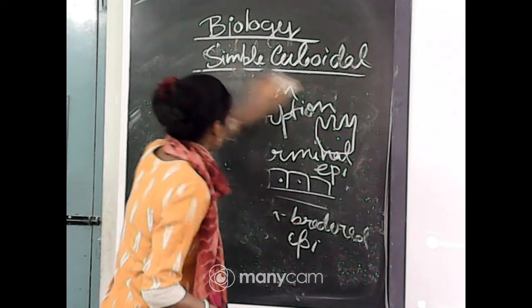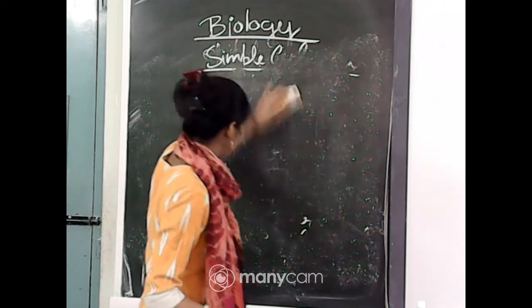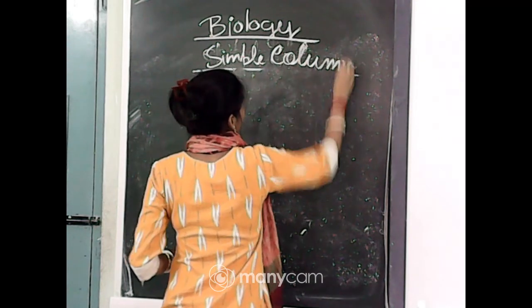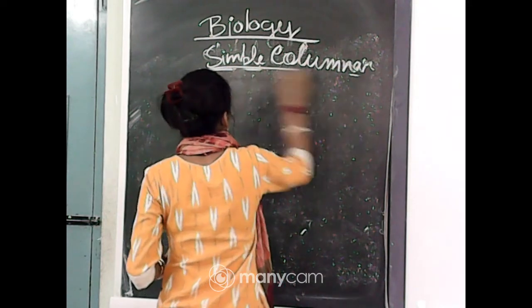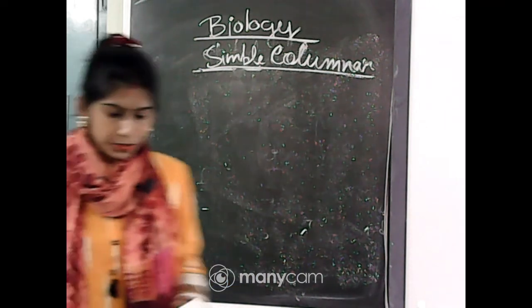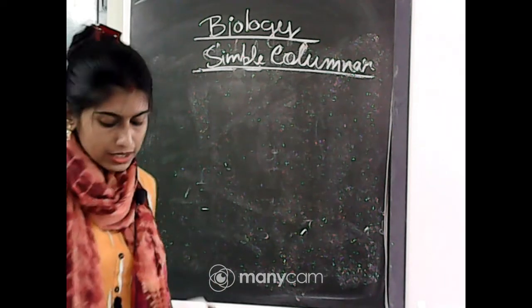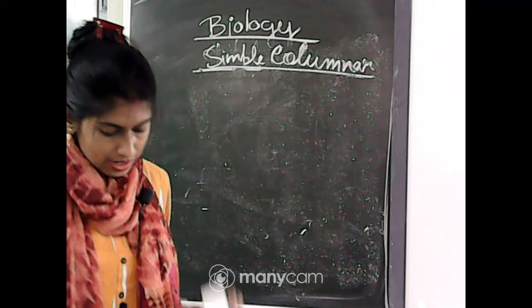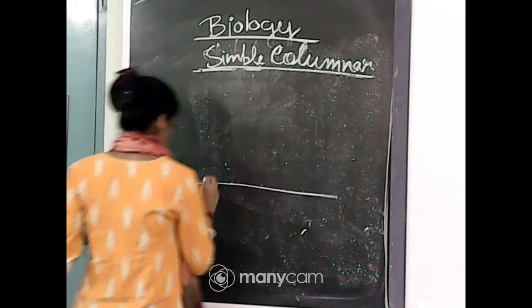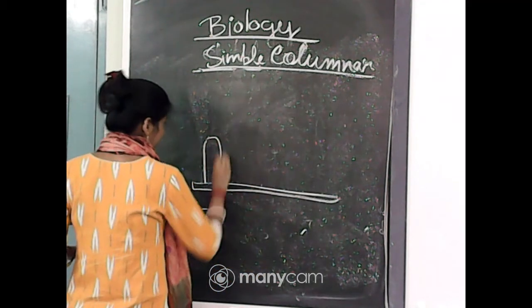Next I will talk about the simple columnar epithelial tissue. Okay, simple columnar tissue is composed of a single layer of tall and slender cells. They are small and column-like cells. Look, this one is the basement membrane.